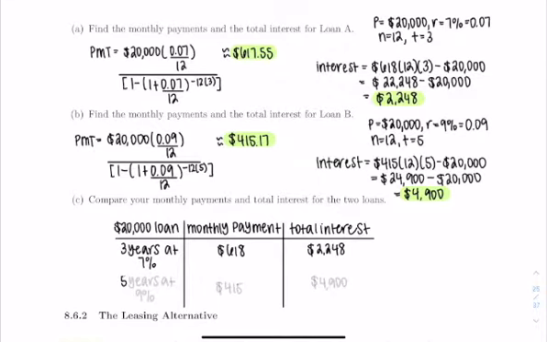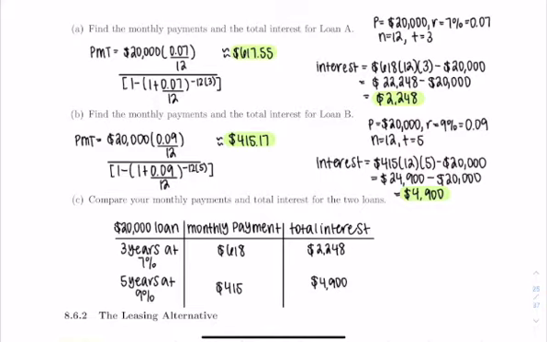Our second loan was 5 years at 9%, and my monthly payment was $415. So it was cheaper every month, but in the end, I ended up paying more in interest.